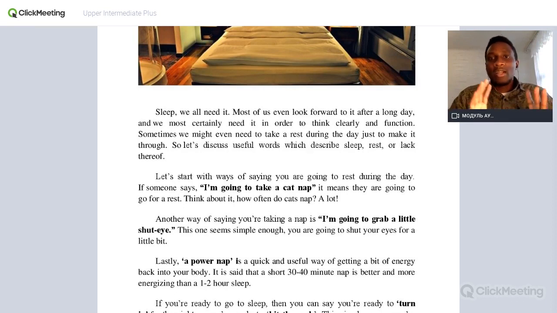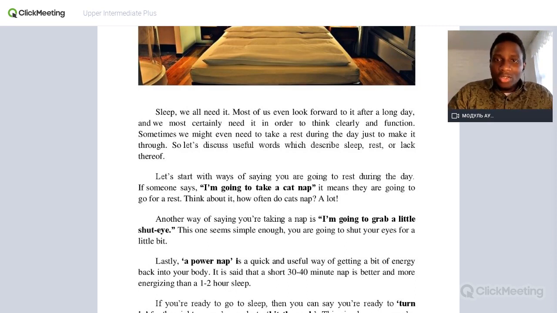It's talking about power nap. Now, what is a power nap? It's just a really useful way of getting a bit of energy back into your body. Like I said, when you are really exhausted, or even when you're at your place of work and you have break time, you just say, okay, let me sleep for a little bit of time.